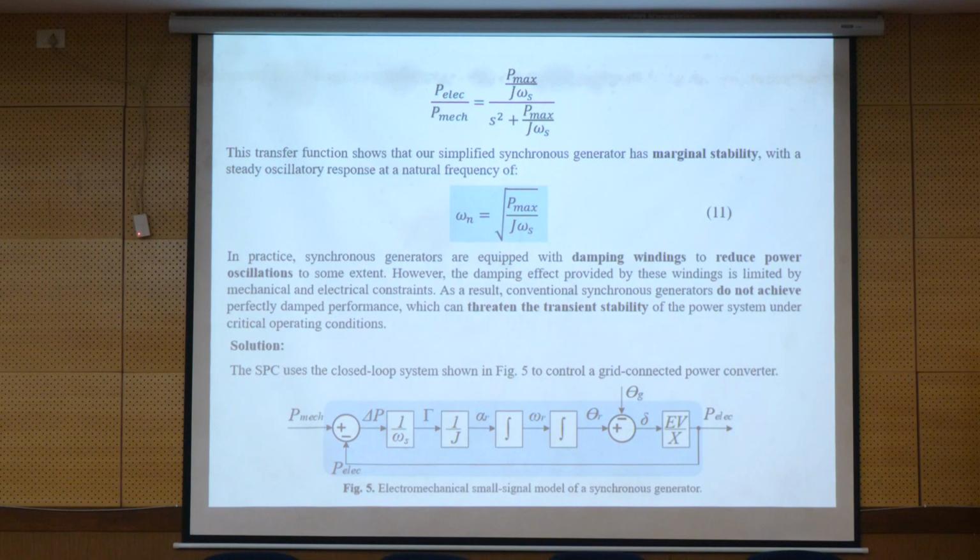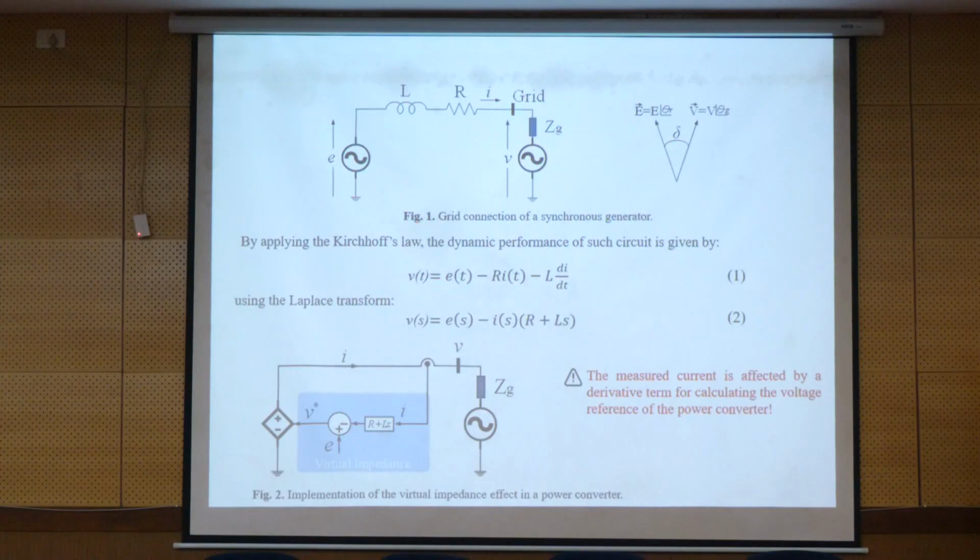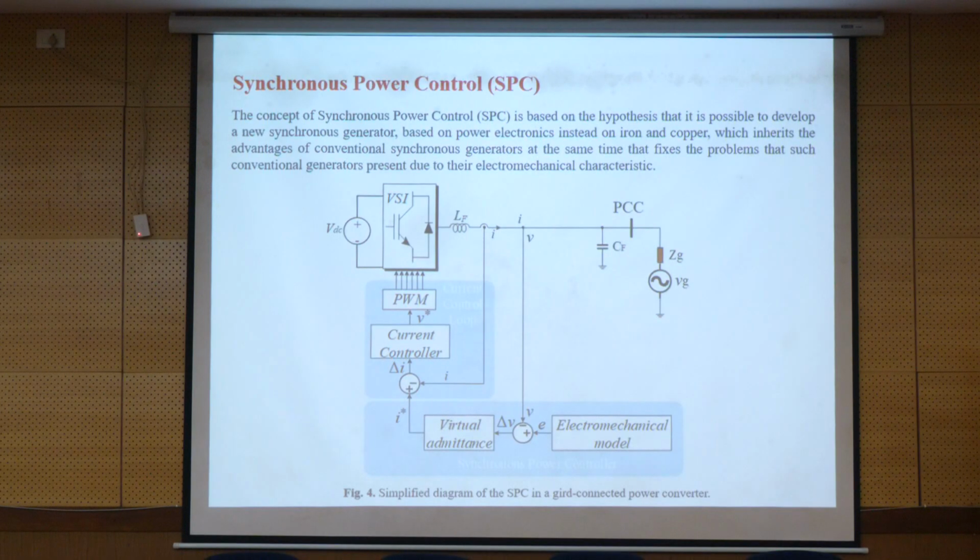One time again, just because this is very important. We have this model. We discussed the control of the converter with the PI, and we see that we can compensate active-reactive harmonics, but we could not provide any inertia for the grid.